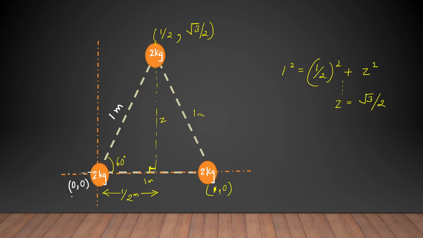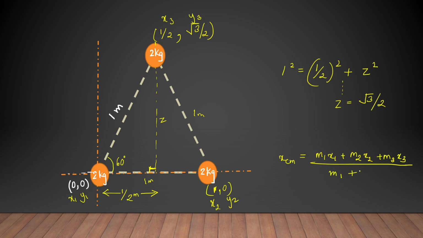So we got all the coordinates, okay, as earlier question itself. Now the thing basically we need to do is x1, y1 we need to mark, x2, y2 and x3, y3. Then for xcm we need to find. Xcm is m1 x1 plus m2 x2 plus m3 x3 divided by m1 plus m2 plus m3.